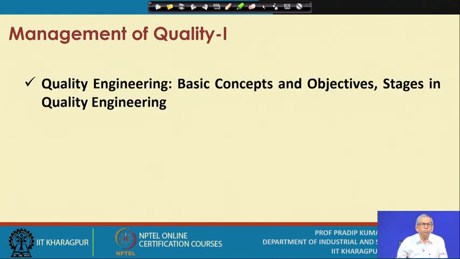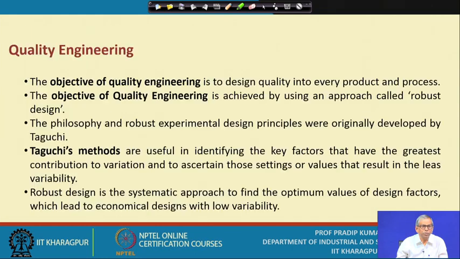Okay. Now let me first discuss the quality engineering, its basic concepts and objective, and what are the stages in quality engineering that you come across.